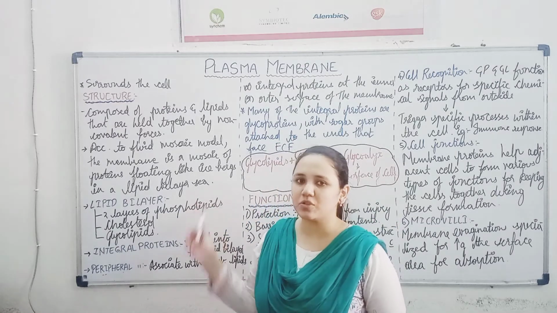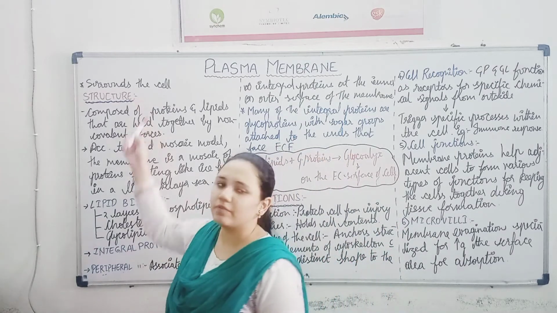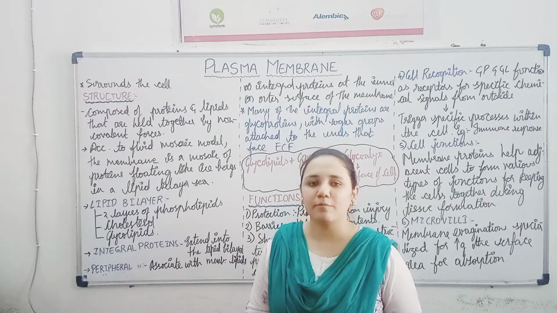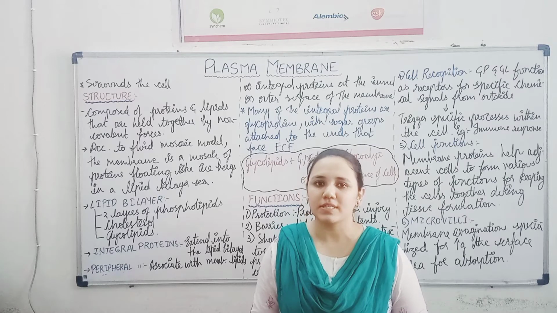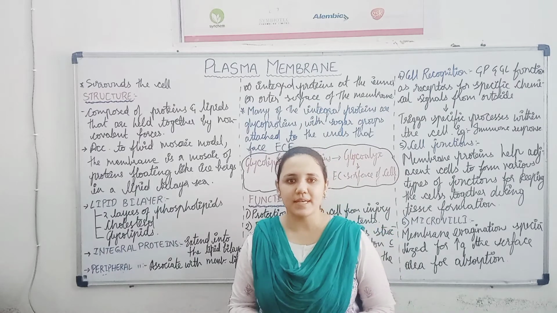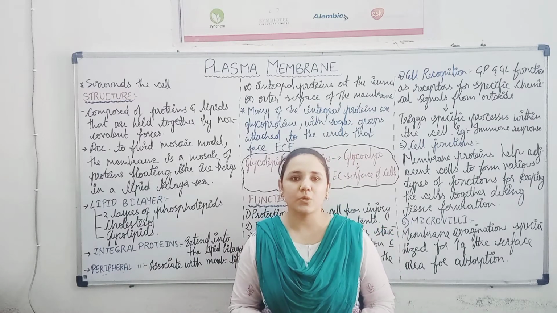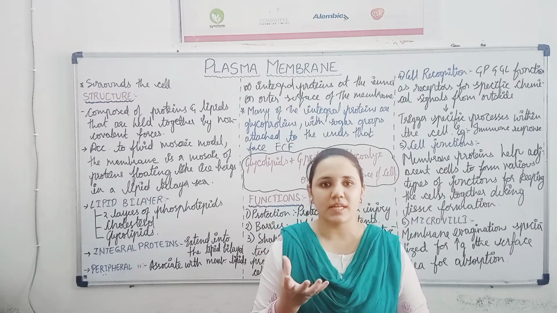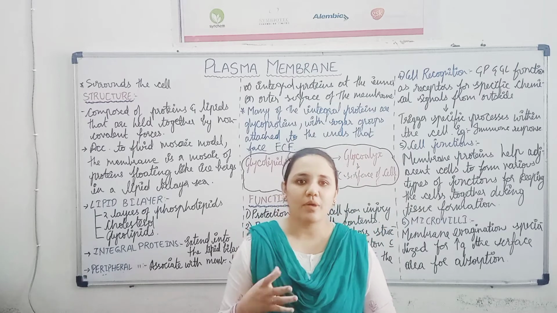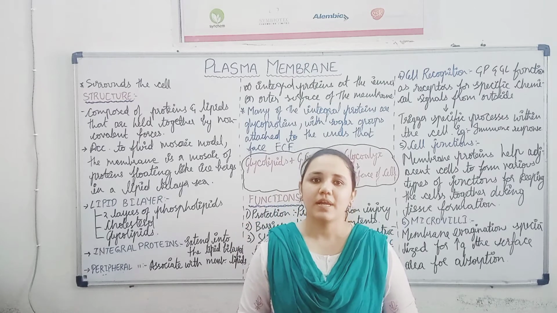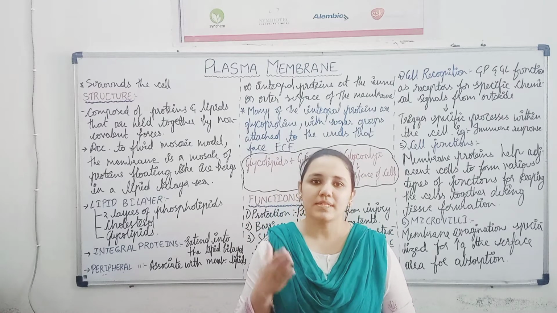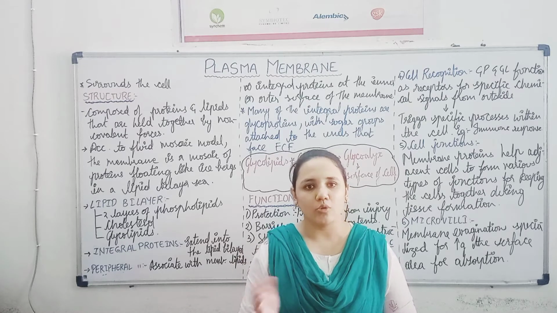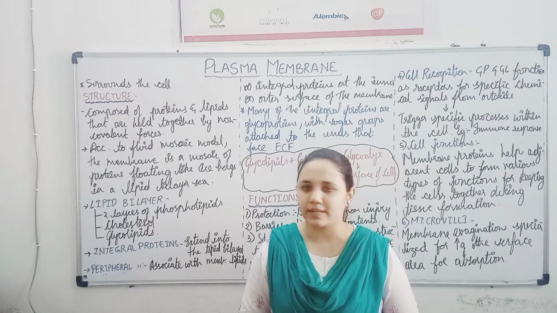Coming to the cell membrane, it surrounds the cell and provides flexibility to the cell, and it also acts as a selective barrier. It protects the contents of the cell from the external environment, and it permits the inward and outward flow of material selectively.